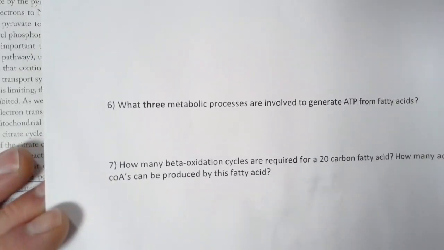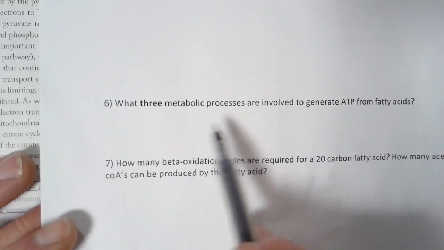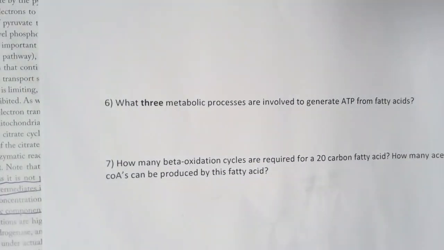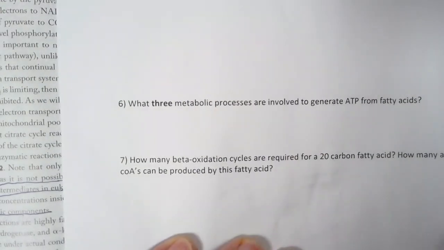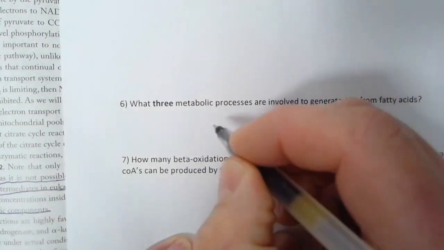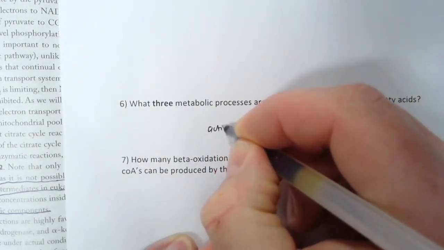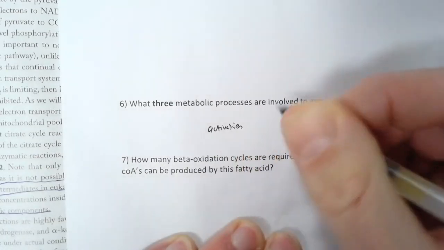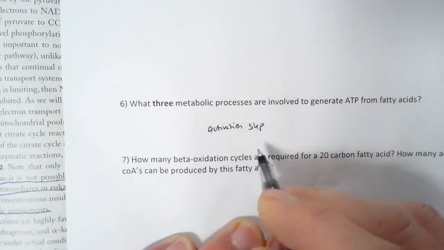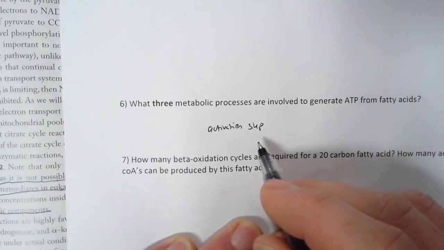Okay, number 6 says what 3 metabolic processes are involved to generate ATP from fatty acids? Well, if you want to get technical, the first one is the activation step. So activation, this may make 4 steps, that's okay. Activation step, that's where the coenzyme A gets placed onto the fatty acid.